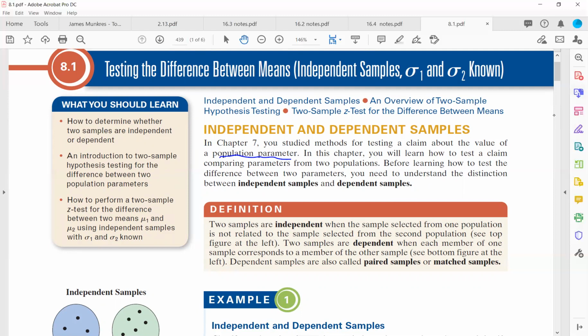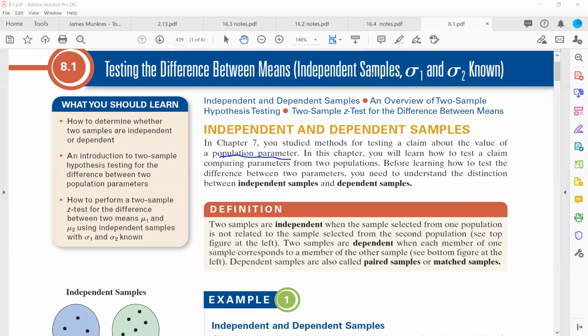In this chapter, you learn how to test a claim comparing parameters from two populations, like comparing two population means, comparing two population proportions, comparing two population standard deviations, or comparing two population variances.